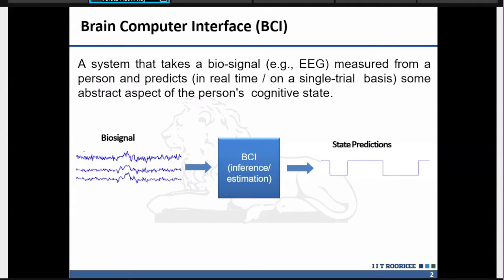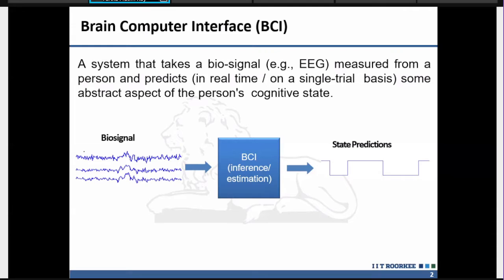brain related disease diagnosis. There are several diseases in the brain, so we could analyze those diseases using that signal. For example, you might have seen ECG. ECG is used for heart related disease diagnosis.